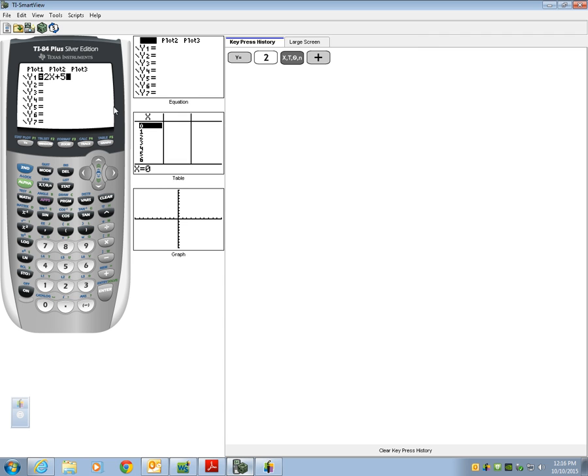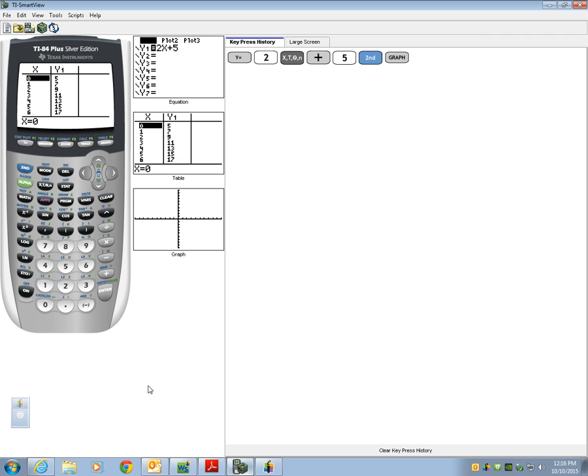Now next, I want to make a table of points. You see the graph key right above it, it says table in blue, probably, or maybe yellow, depending on your version of the calculator. If I hit second graph, it's going to make a table, so I'm going to do that, second graph.